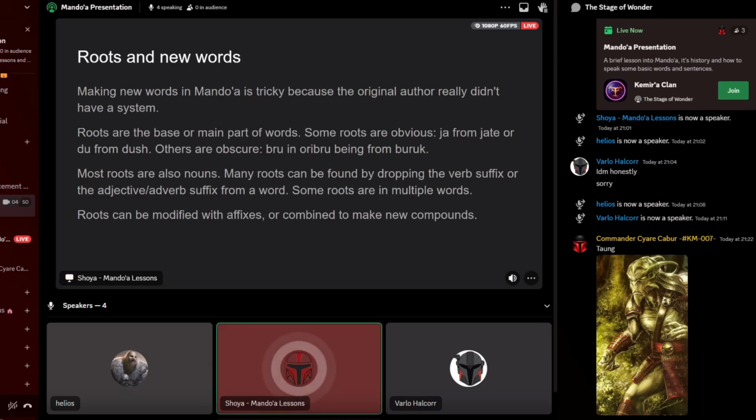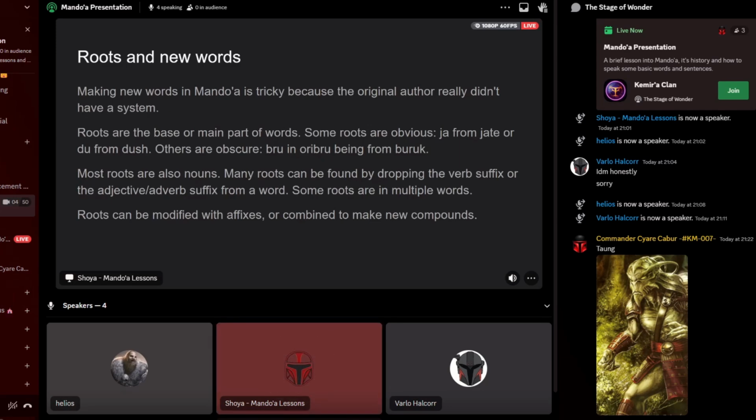It takes familiarity with the language to be able to get those on the fly. But roots, like I said, are the base of the word, the main part of the word. Sometimes it is obvious, like ja comes from jate. Jate means good. And ja is used in a number of compounds, like jahal, which means health, or literally good breath.